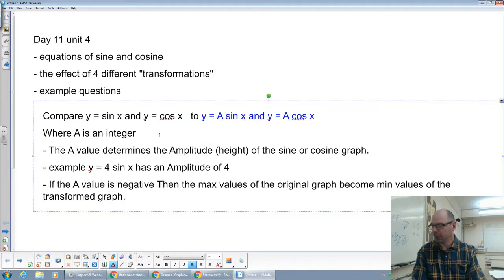Okay. And then we can also say it as well. The original min values become transformed max values.